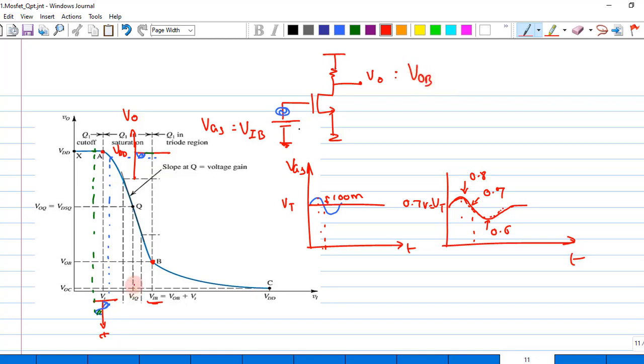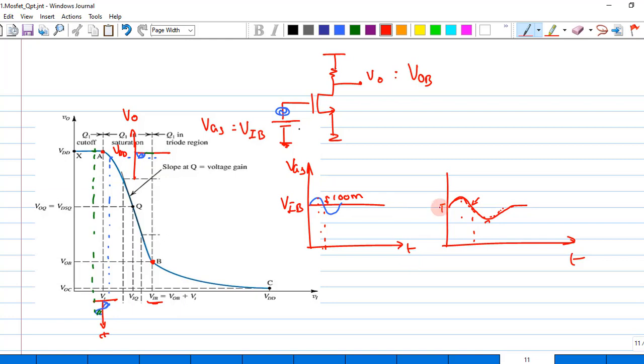Now on this value of VIB, I'm trying to add a small wiggle. I add a small wiggle around this particular thing, and the combination of this DC and the small signal would then have this kind of variation at its output. Obviously this value of VIB is not equal to 0.7 but more than that.